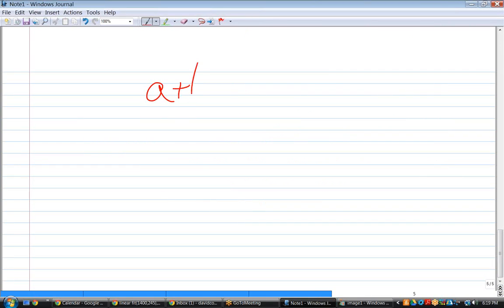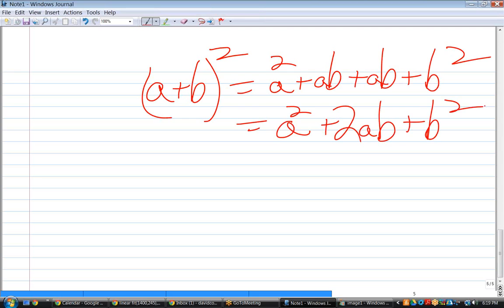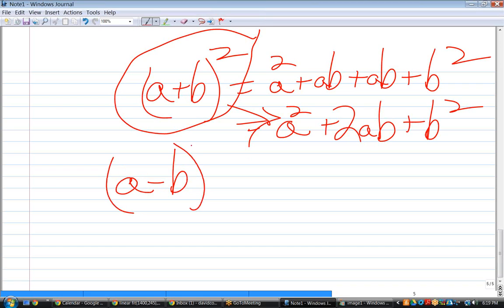If I am squaring a plus b, instead of having to FOIL this every time, you could FOIL it and you get this every time you FOIL it. And then you simplify it and you get this. Well, this is a process that you have to do so frequently that it's worth memorizing. It's that. And a minus b squared is very similar, only it's this.